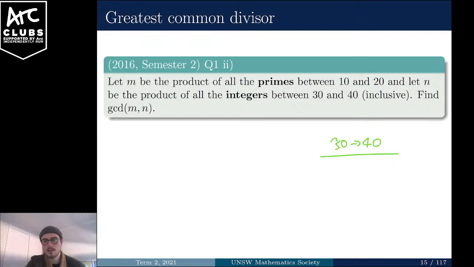So I just want to make it clear that this is not a subtraction. So we've got this set here, and then we've got all the primes between 10 and 20, right? And we're trying to find the greatest common divisor. So we're trying to find the biggest number at the bottom here that's going to divide into this top number cleanly, and so we're going to get an integer result at the end.